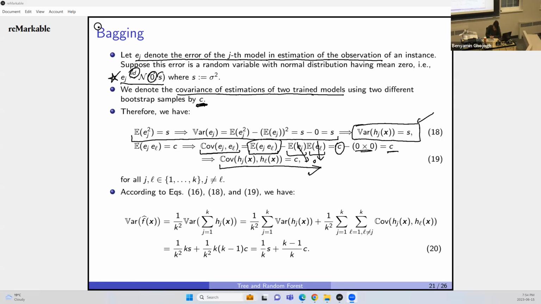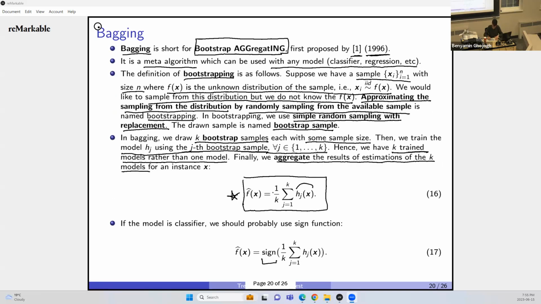Now, let's consider the variance of f hat of x. What is f hat of x? It is the aggregated result after voting or model averaging. This 1 over k is a constant, not random, but variance is quadratic. Therefore, for coming out, it needs to be squared. Recall preliminaries.